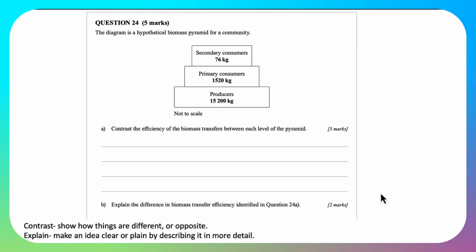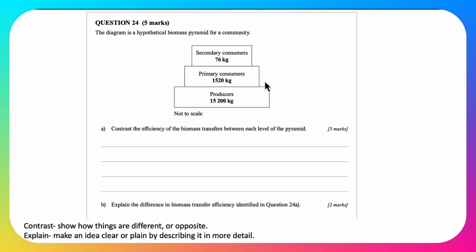A question might ask us to contrast the efficiency of the biomass transfer between each level of the pyramid. There's 3 marks here, and contrast means working out what's different. So we need to work out each of these transfers, work out the efficiency, and then determine which one is the most efficient.